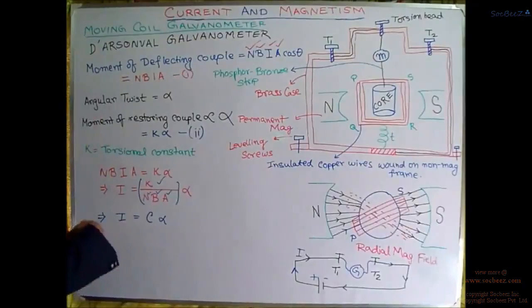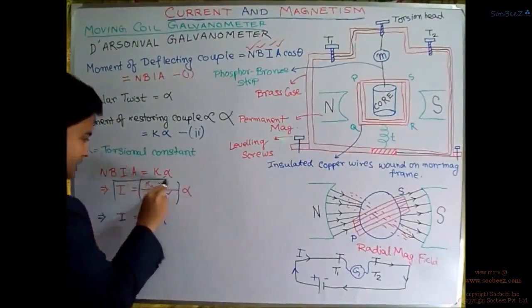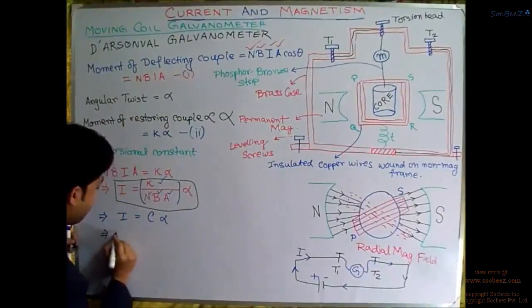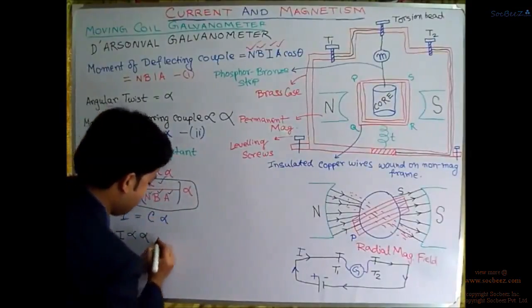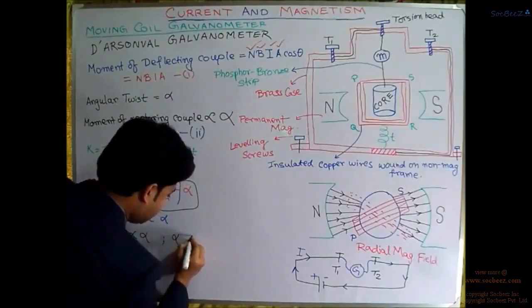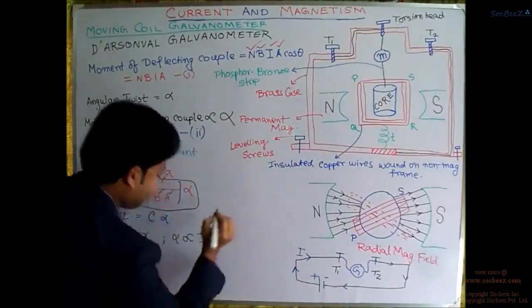Or now we can say that I is directly proportional to alpha, or alpha is directly proportional to I.